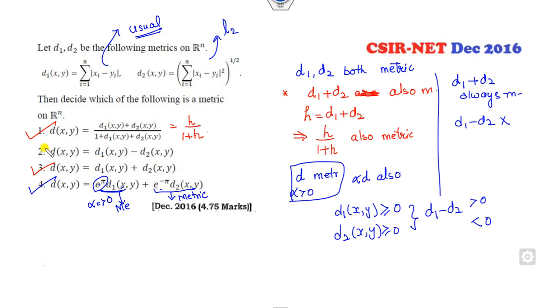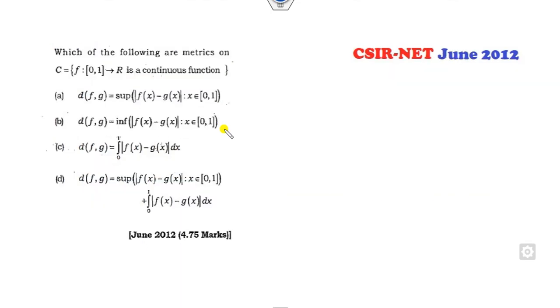So this is not a metric, because once it is less than 0, then it is not a metric. So the right answers are A, C and D. And you can easily solve this problem with the help of this concept, this and D over 1 plus D. So if these two are there, based on this, this option is correct. Alpha D is this option correct, and this is this option correct.